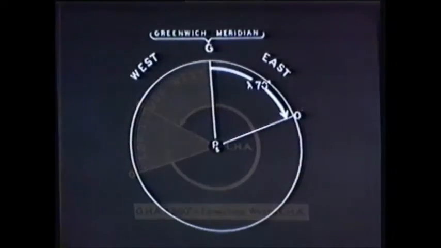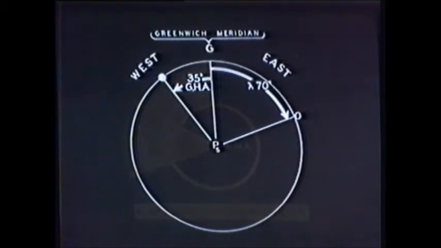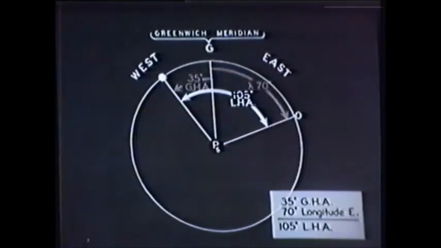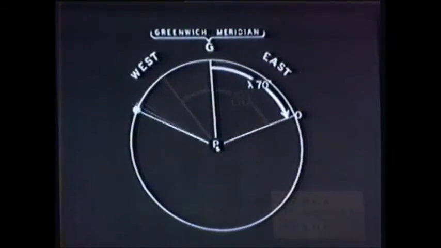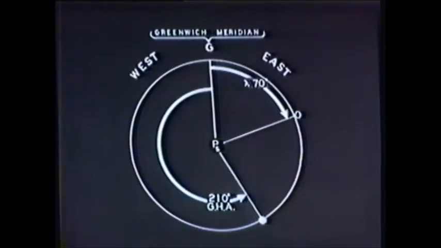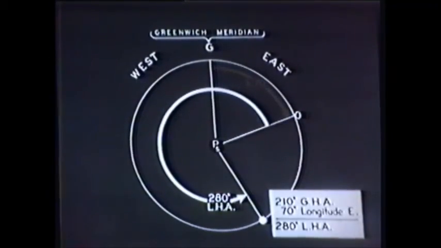Now let us assume that our position is 70 degrees east and the Greenwich hour angle of the sun is 35 degrees. To find local hour angle, we add these two values, which gives us 105 degrees. If the Greenwich hour angle increases to 210 degrees, we observe that the local hour angle is 210 plus 70, or 280 degrees.